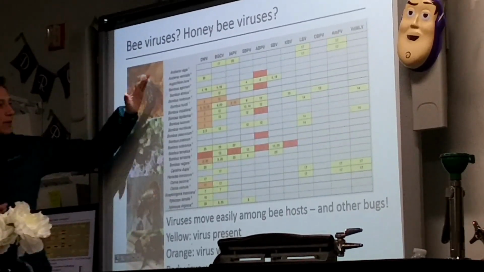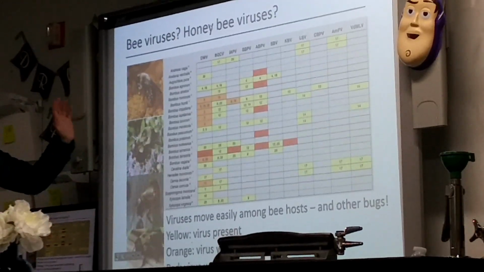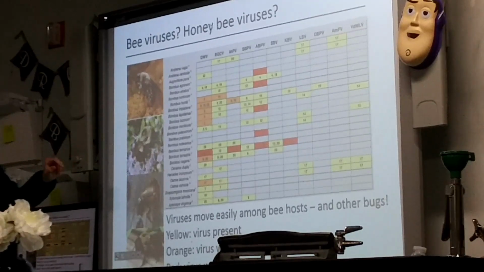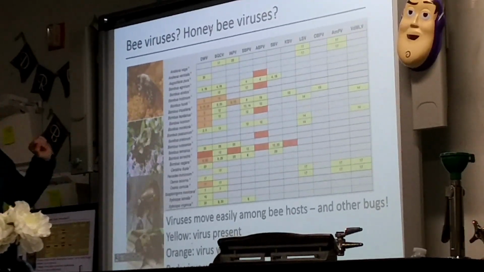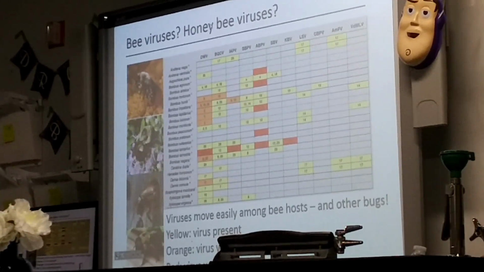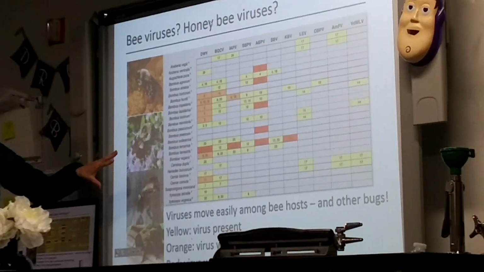But these viruses have been found across a lot of different wild bees. So we have different types of mason bees represented here, ground nesting bees, bumblebees of various types, carpenter bees, other types of solitary bees. And many of these show some of these same honeybee viruses.